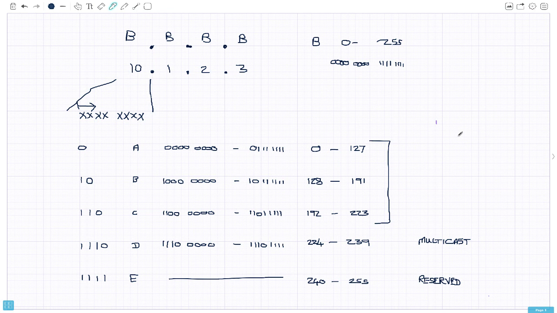The address 0 is reserved. I seem to have a little floating purple 1 there for some reason. Let me get rid of that. The address of 0.0.0.0 is reserved. So that IP address is not allowed.